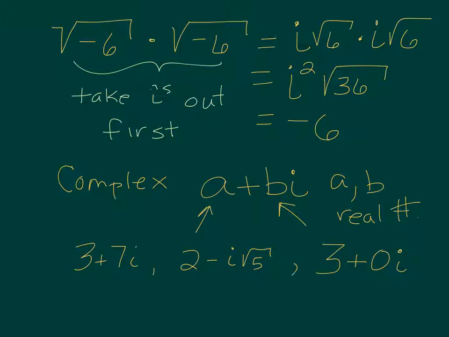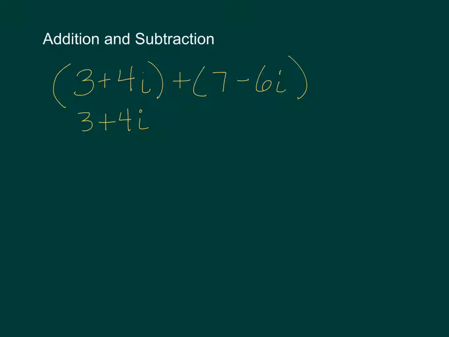So anytime we have a new number set, like complex numbers, we would like to be able to add, subtract, multiply, and divide these numbers. So we're going to start with addition and subtraction. When I have two numbers like 3 plus 4i added to 7 minus 6i, basically, in this particular case, these parentheses don't mean anything.